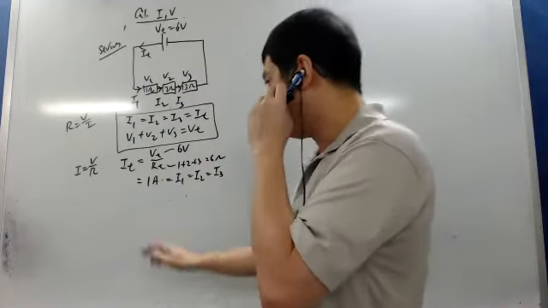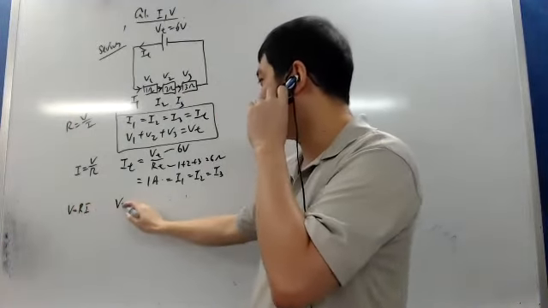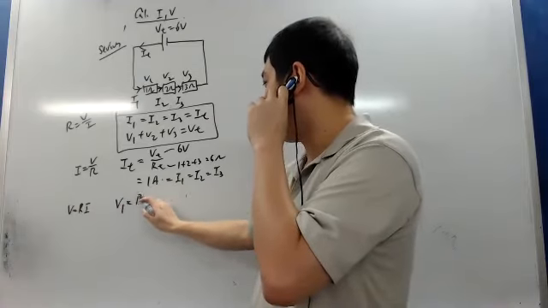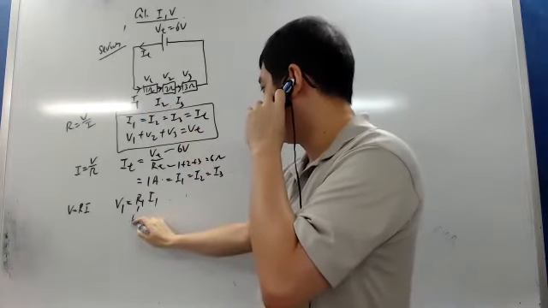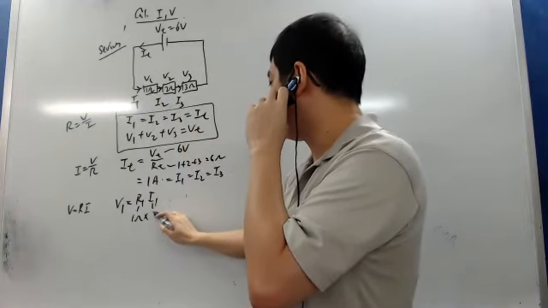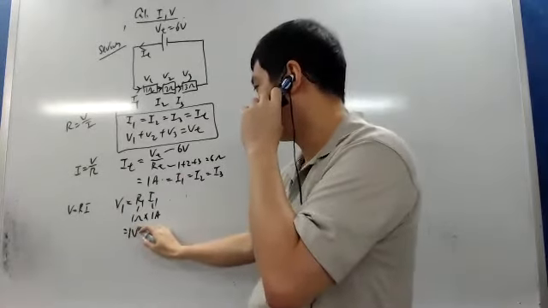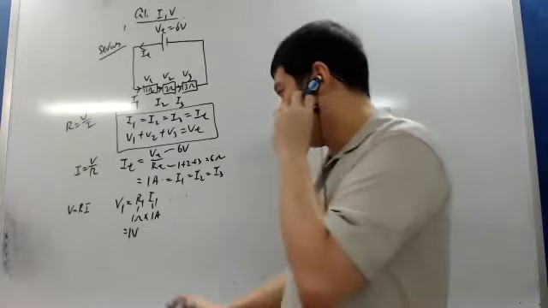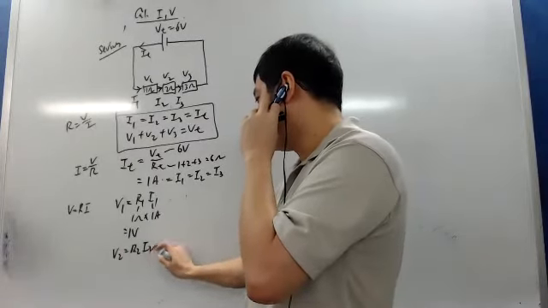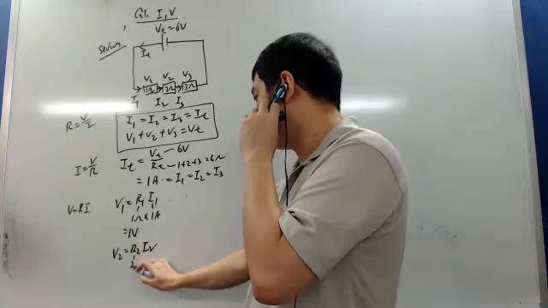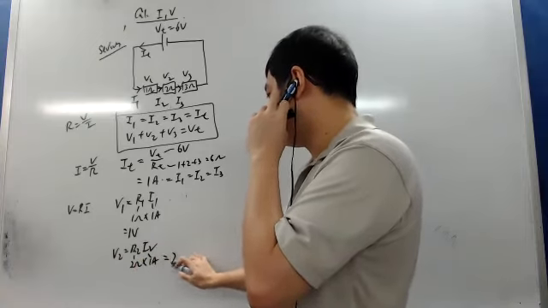Then how do you find V? V equals R times I. If they ask for V1, then R1 times I1. R1 is 1 ohm, I1 is 1 ampere because I1 equals I total. So you get 1 volt. If they ask for V2, R2 times I2: R2 is 2 ohm, I2 is 1 ampere, same as I total, so this will be 2 volt.